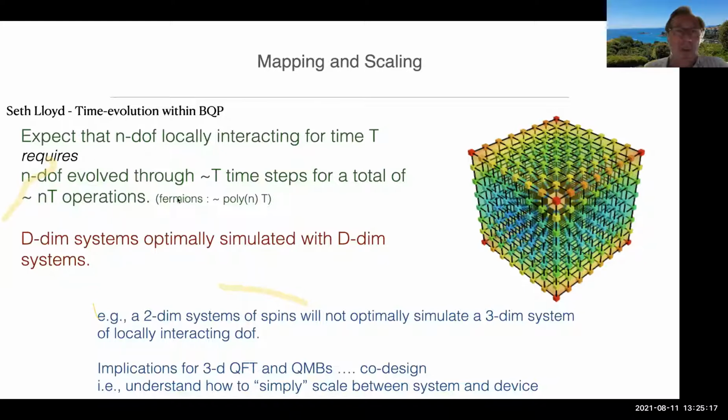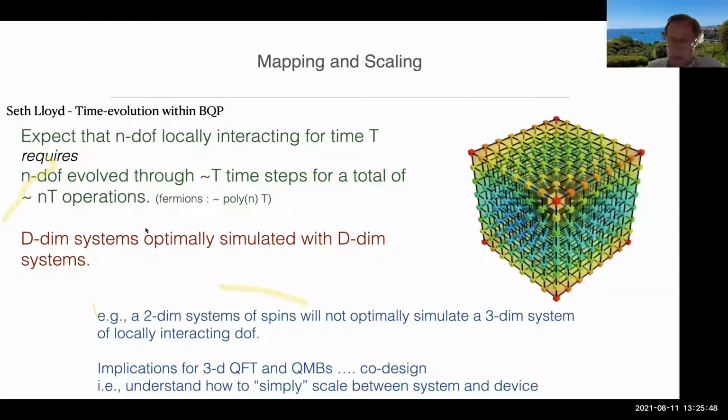This situation is modified only slightly when dealing with fermions, where the n times t operations is replaced by polynomial in n times t, which doesn't change the asymptotic scaling, and doesn't take it outside of the class. So one fully expects that for the quantum systems of interest with n degrees of freedom, one can perform n finite time steps and recover the result that you desire within some level of precision.